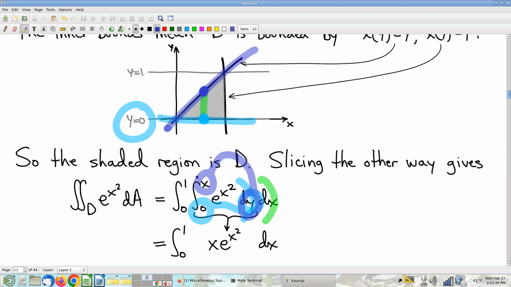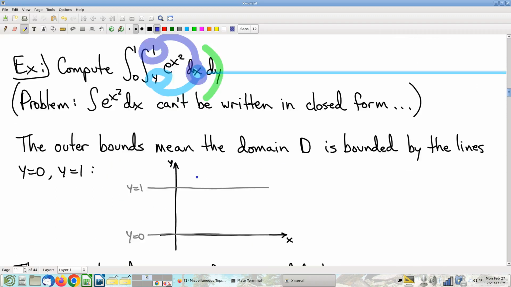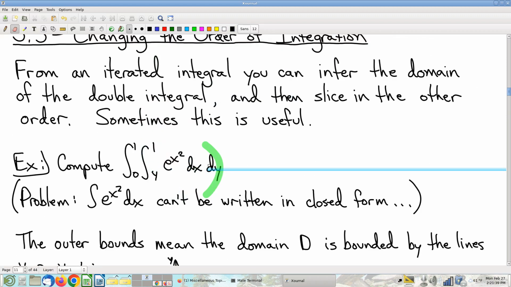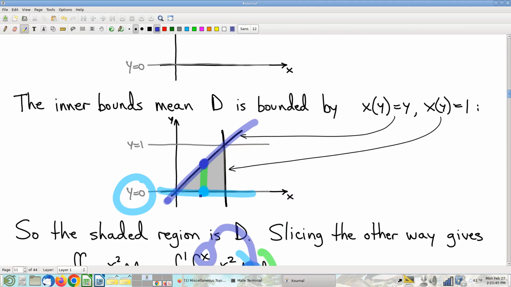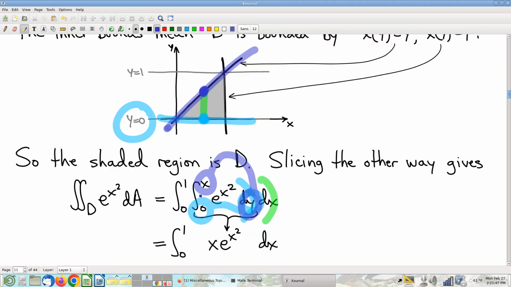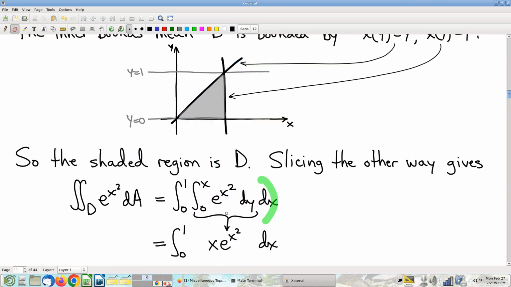Now all I've done is take an iterated integral, reverse engineer the domain, and then slice up that domain in the other direction. And now I've got, at a quick glance, seemingly no progress.